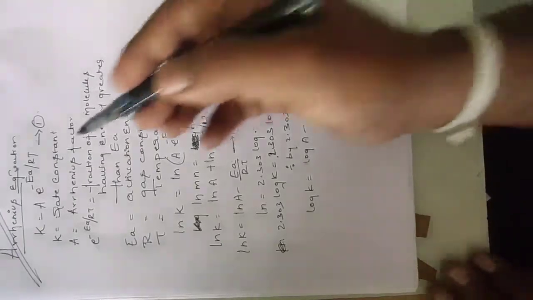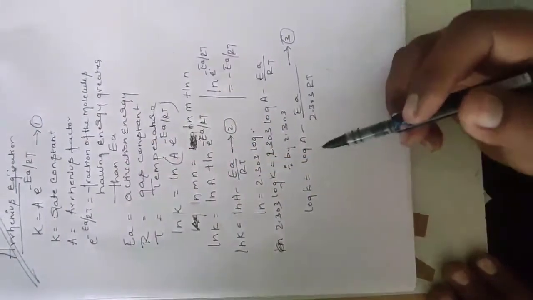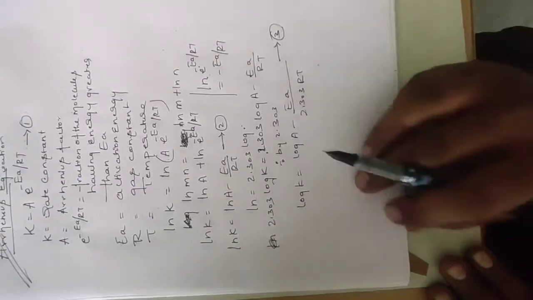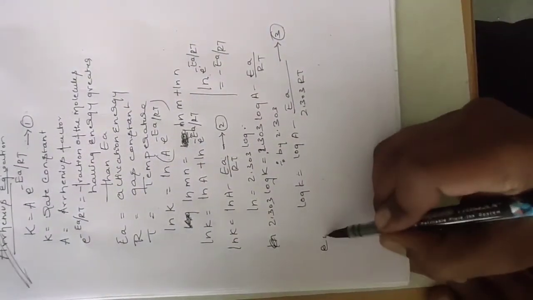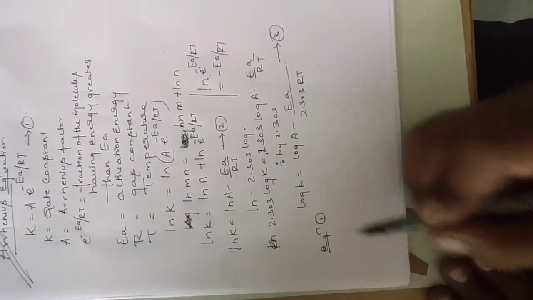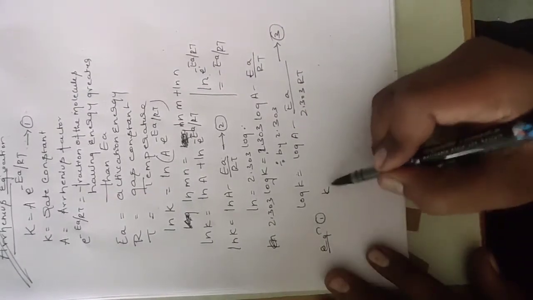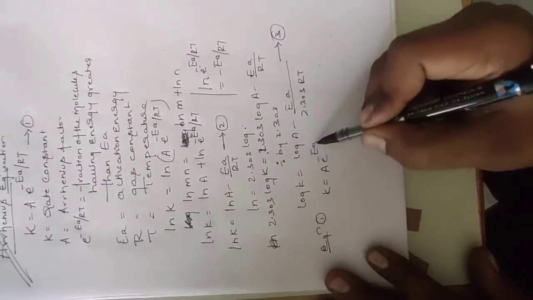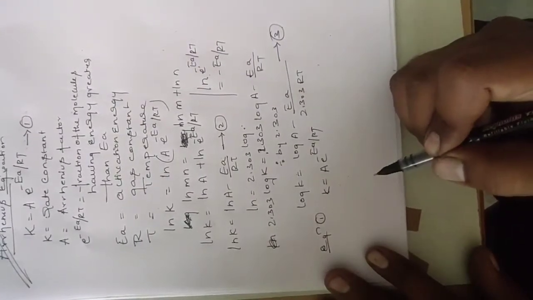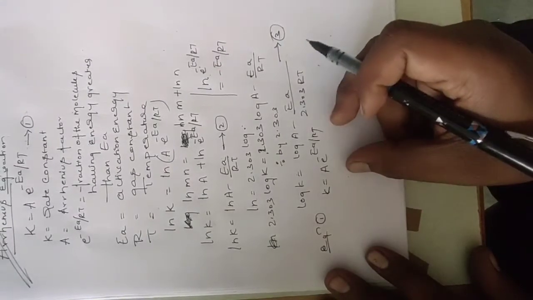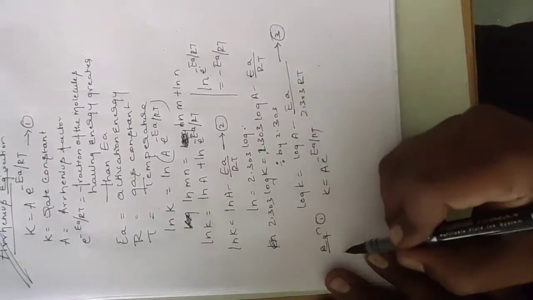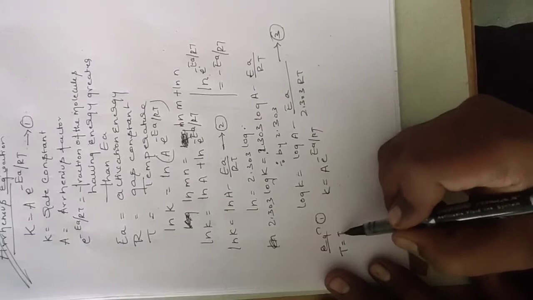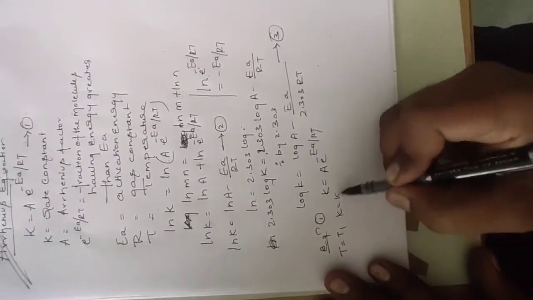See, for example, if the temperature changes, the rate constant will also change. In equation number 1, k is equal to A e to the power of minus Ea by RT, correct? For this we got the log form in equation number 3. If T is equal to T1, then k is equal to k1.